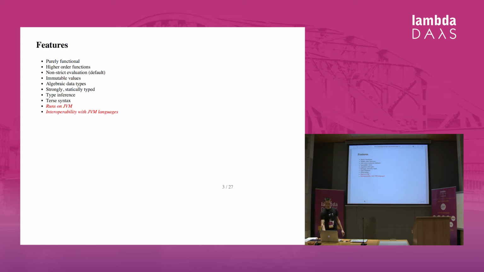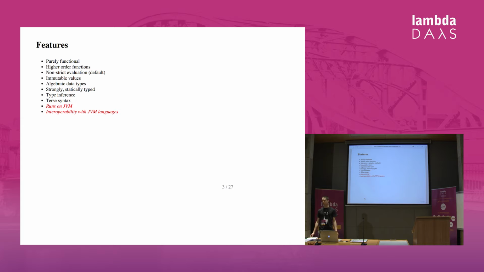This language runs on the JVM, and it's interoperable with other JVM languages. So you can use an existing code base with some restrictions. It's not like using Java in Groovy or in Scala, where maybe collections are different.